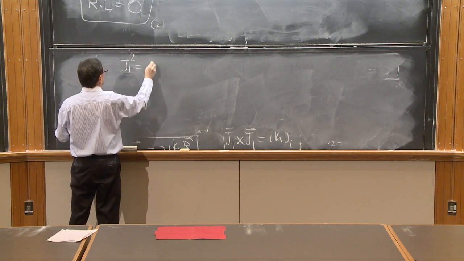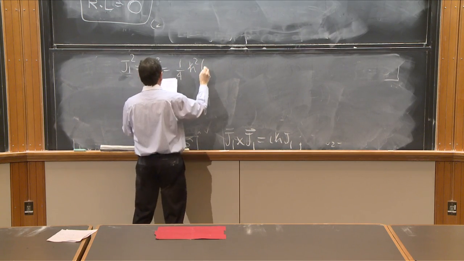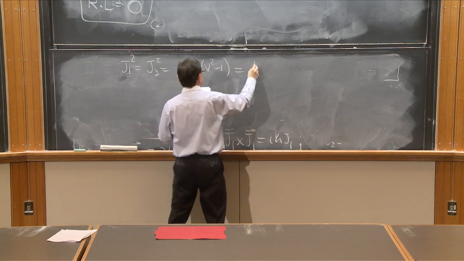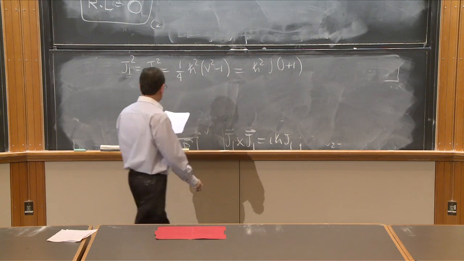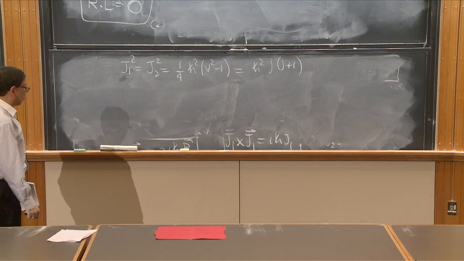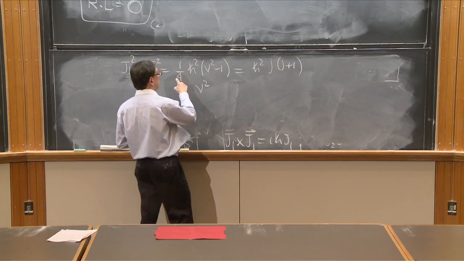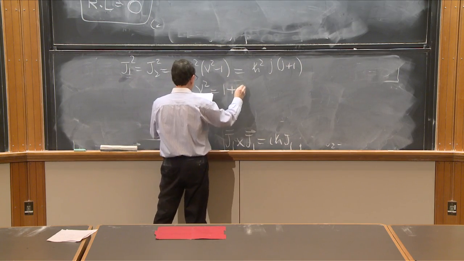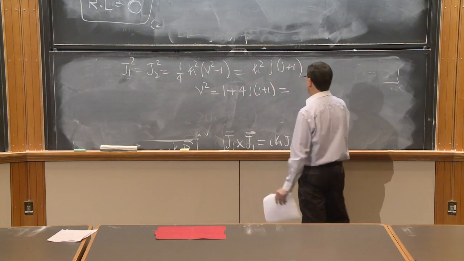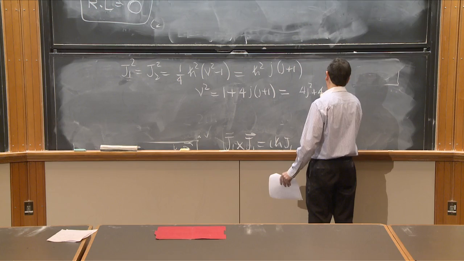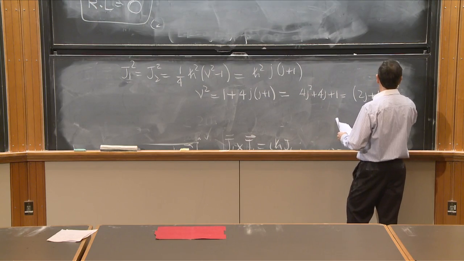J1 squared is equal to J2 squared is equal to 1/4 h squared nu squared minus 1, which is h squared j times j plus 1. So cancel the h squares and solve for nu squared. Nu squared would be 1 plus 4 j times j plus 1, which is 4j squared plus 4j plus 1, which is 2j plus 1 squared.